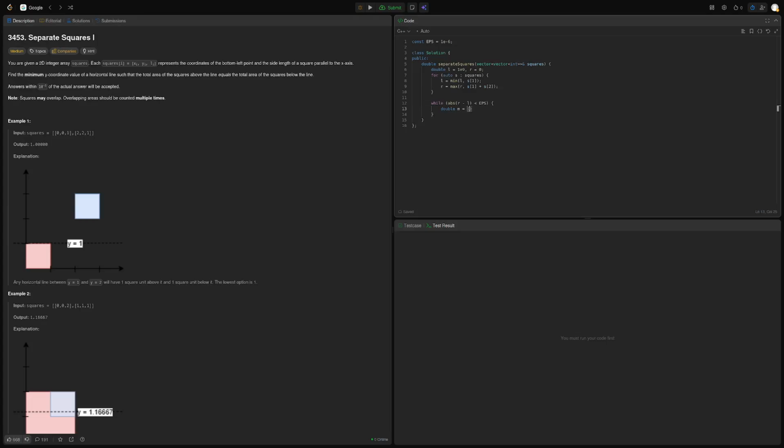So let's get the middle point, and then double area under, and we also have total area, and now we got square, so area plus equals S2 times S2, so area under is 0 for auto square in squares.